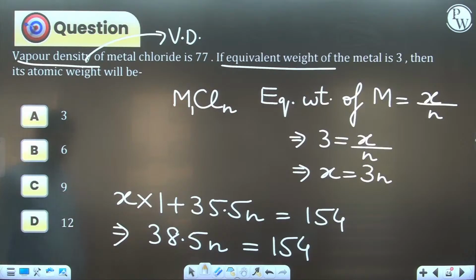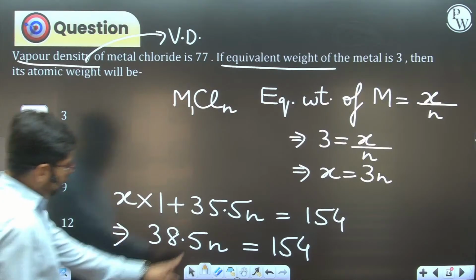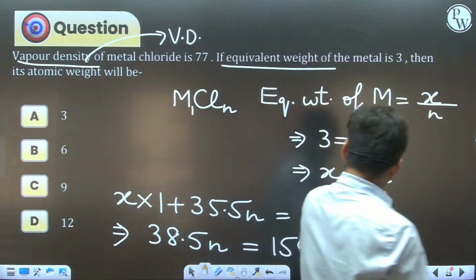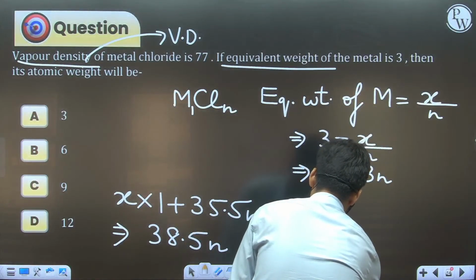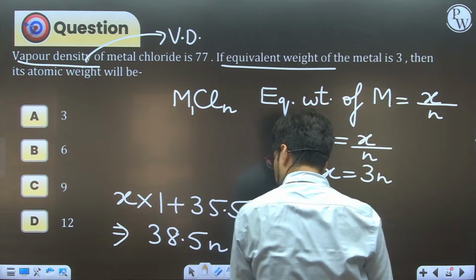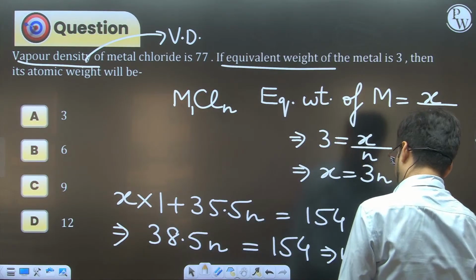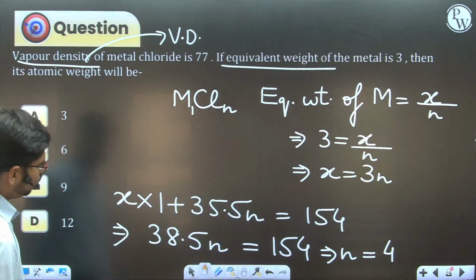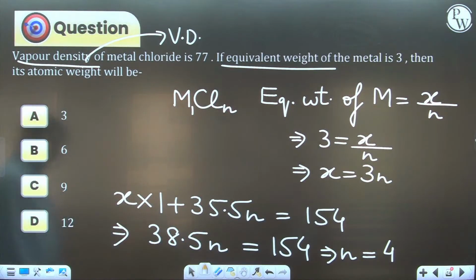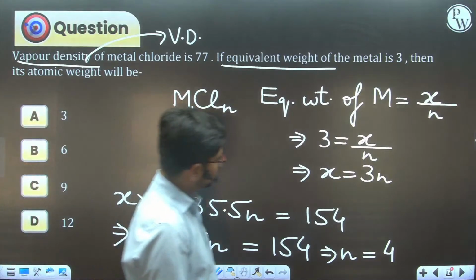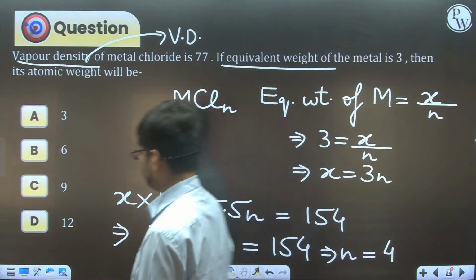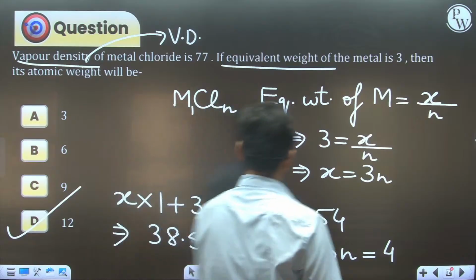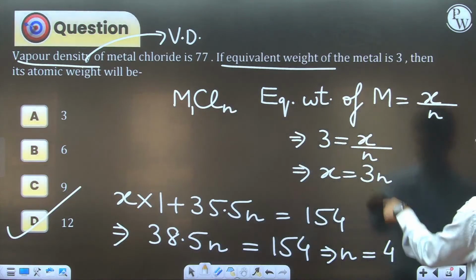So if I get the value of N, I can multiply N by 3, I'll get X. So N is equal to 4. Now, what is X? 3N. So 3 into 4, it is 12. X is the atomic weight. 3N. 3 into 4 is 12.